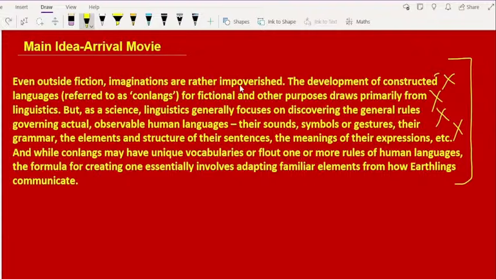Imaginations are rather impoverished. The development of the constructed languages referred to as conlangs for fictional and other purposes draws primarily from linguistics.